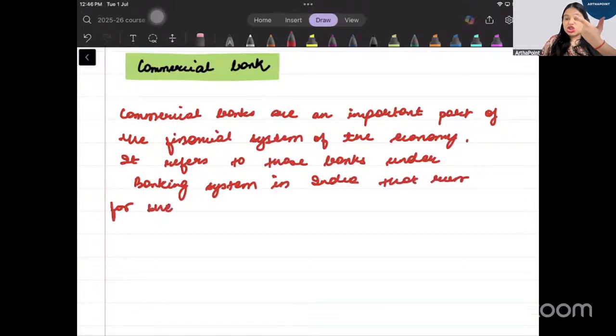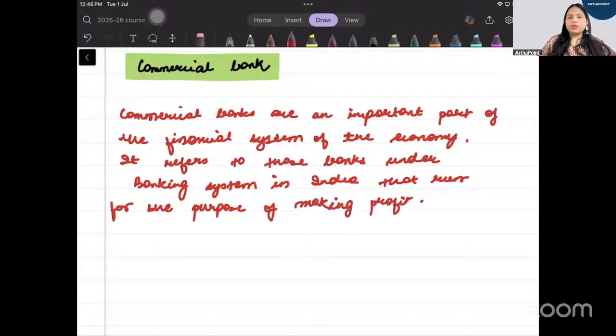So the word commercial itself, commercial का मतलब ही है commerce, मतलब ही है profit. So they run for the purpose of making profit, right?